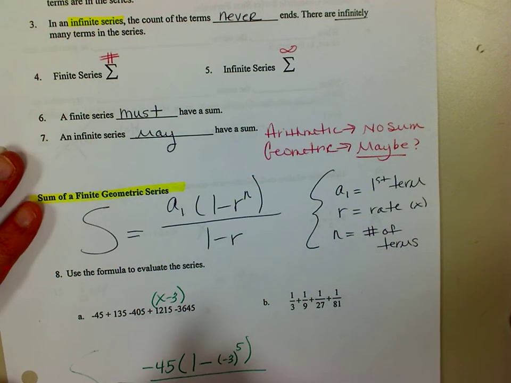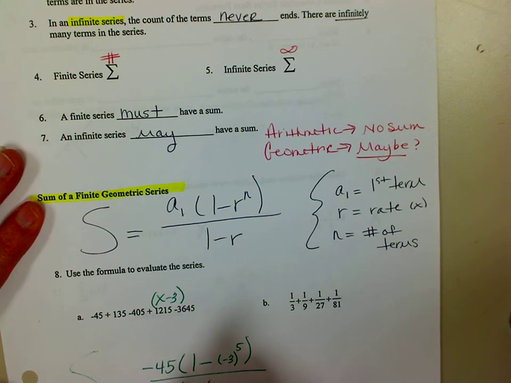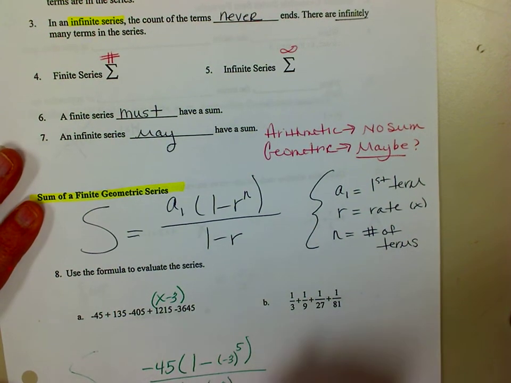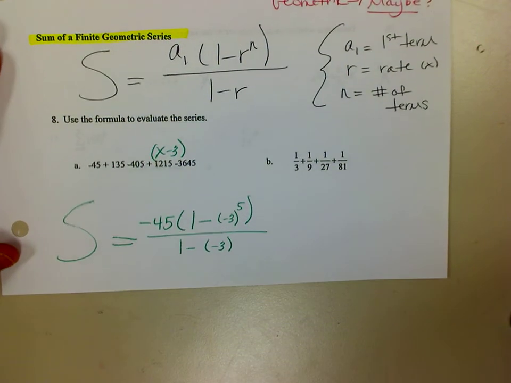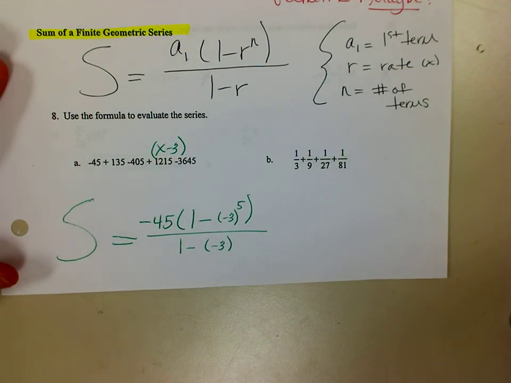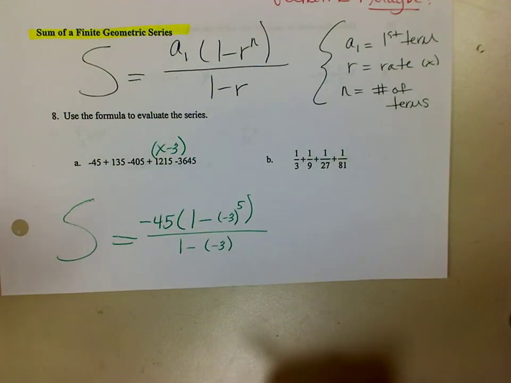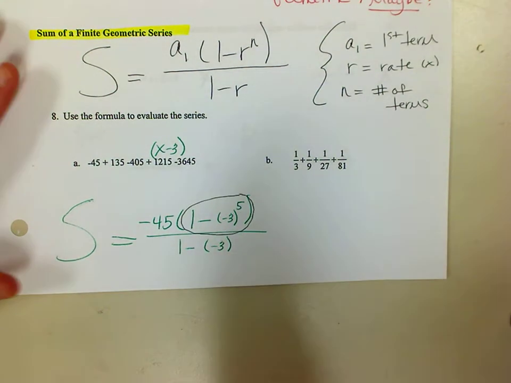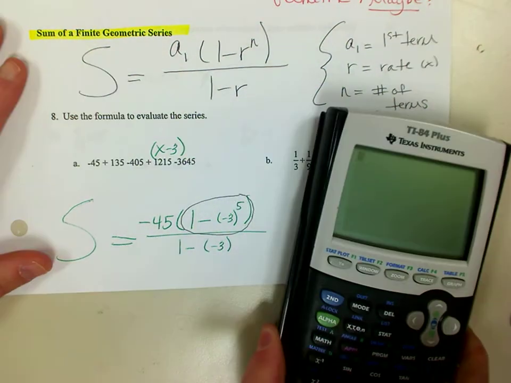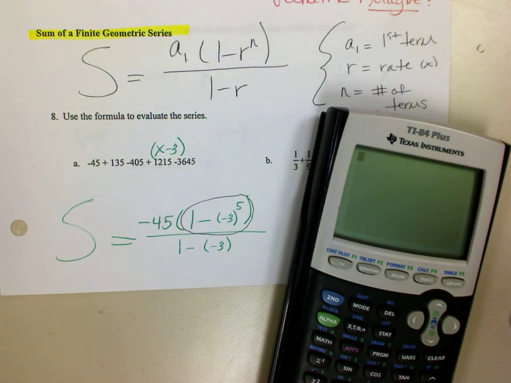And then down here, I'm going to do 1 minus the rate. After you have those substituted in, you're just going to figure this out now. You don't want to put all of this in your calculator at once. You want to do this part first, and type it in exactly how you see it: 1 minus negative 3 in parentheses to the 5th power.